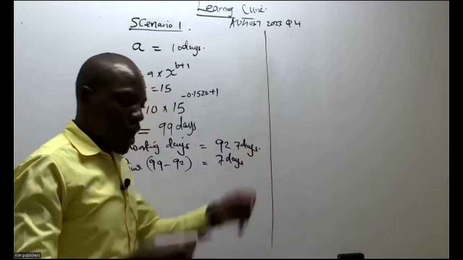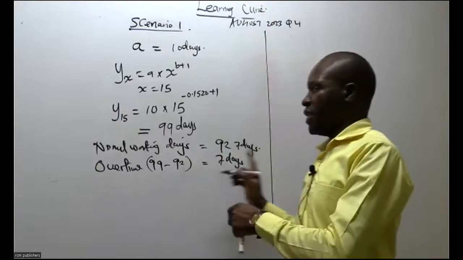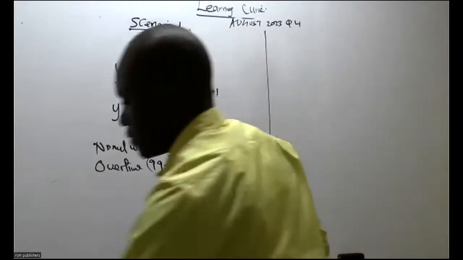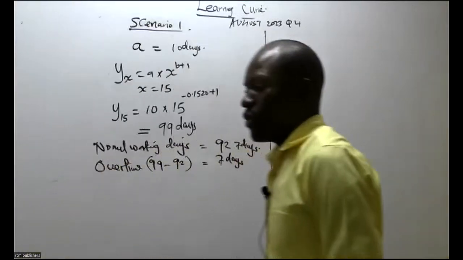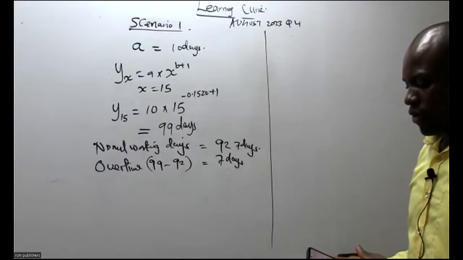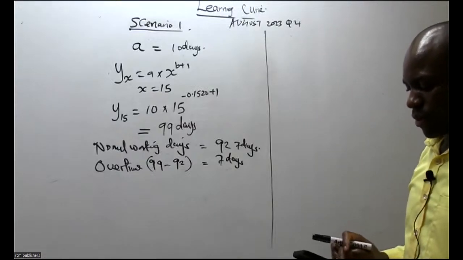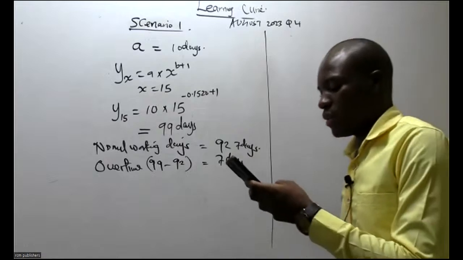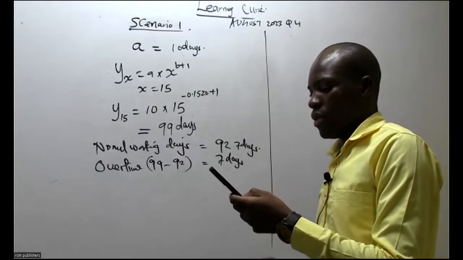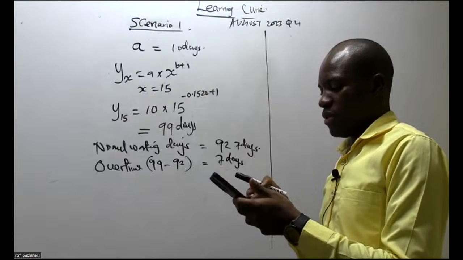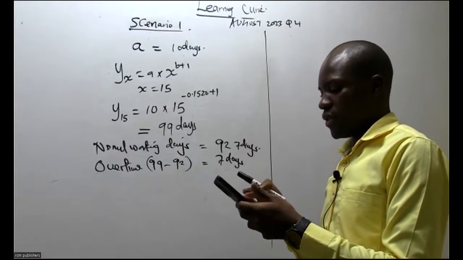They have decided to work overtime for them to deliver these buses. So let's look at the consequences. Let us look at the consequences of working overtime. One, let me get my question here very first.